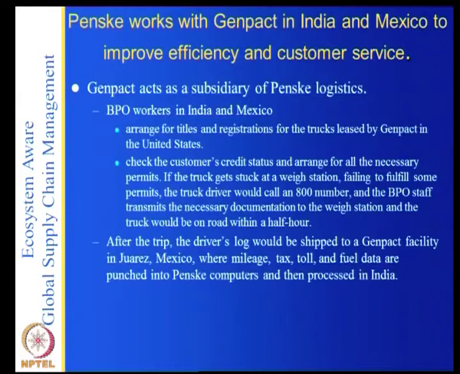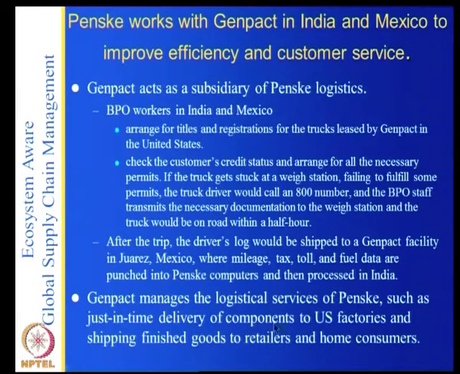After the trip, the driver's log is shipped to the Genpact facility in Mexico, where mileage, tax, toll, and fuel are punched into Penske computers and then processed in India. So this is how the execution takes place. This is a practical example of today. Genpact manages the logistics services of Penske, such as just-in-time delivery of components to US factories and shipping final goods to retailers and home consumers.